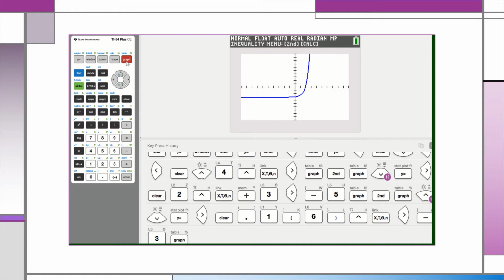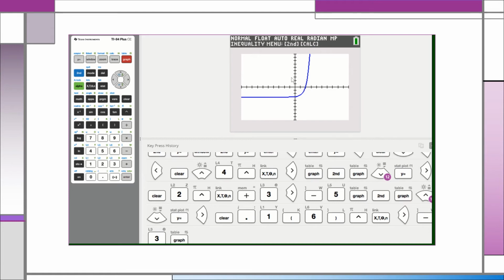So now again, is there anything that's restricting my domain? No, I can go from negative infinity out to infinity. What about my range? Well, it's got to be greater than negative 3. I can see that right here, negative 3.